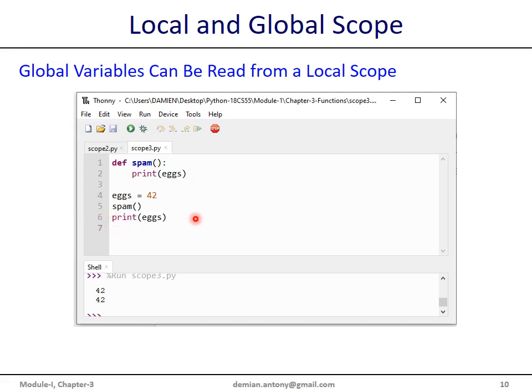Then again in the global scope we print the same global variable, x, which again prints 42. Thus we get the answer 42, which is the result of the print at the local scope, and the second print is the one in the global scope. Thus we can access the global variable in any of the local scopes, or inside the function. That is the intuition.